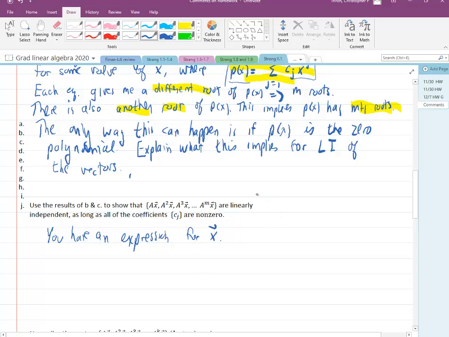Now, I want to say something here before I forget, be careful in your sums about indices. Okay, you have to be careful about the upper index of your sum, and the indices of the different terms have to match.